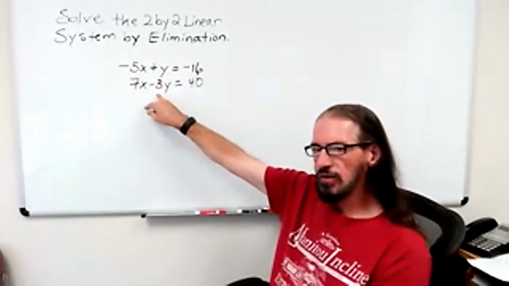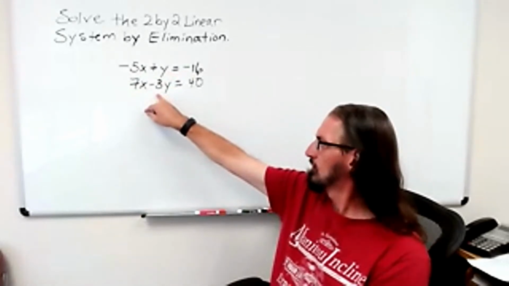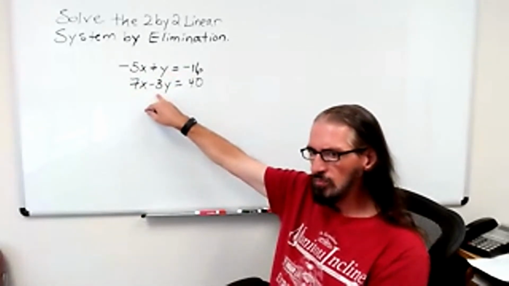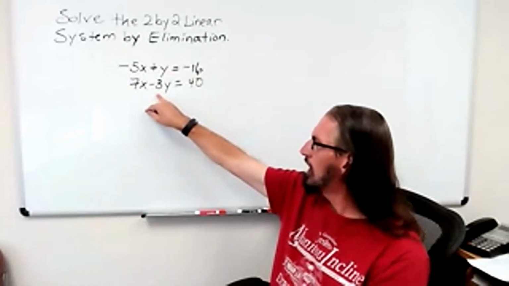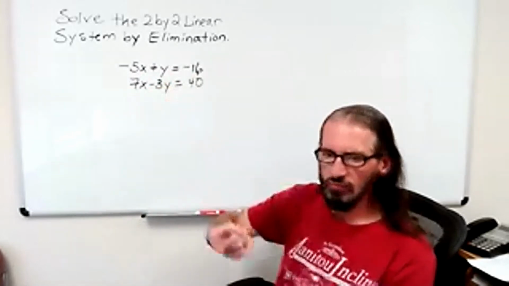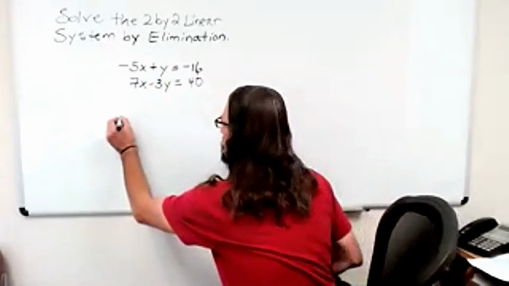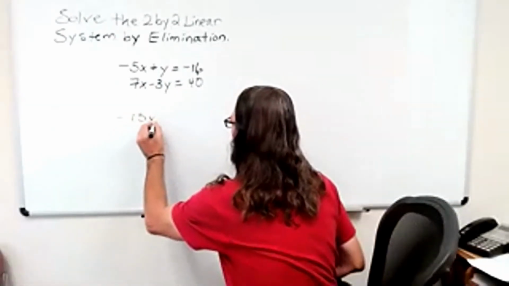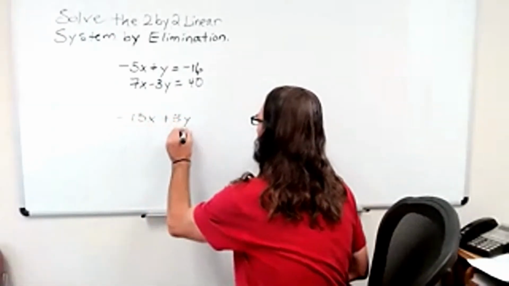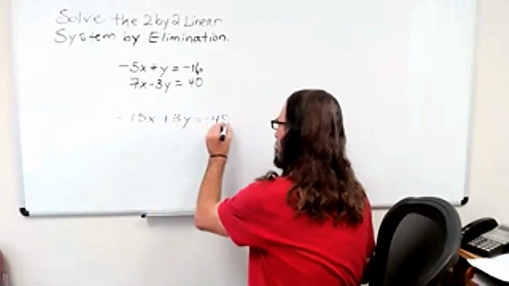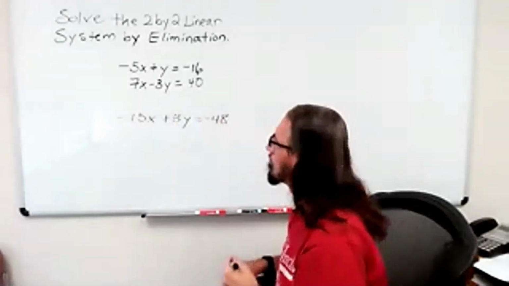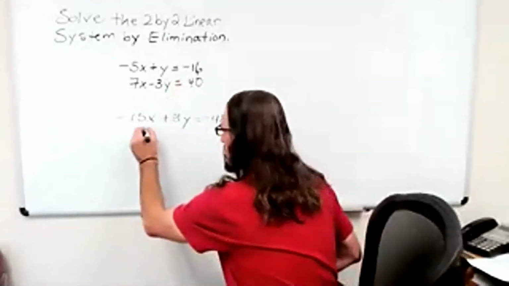I've already got a negative 3 in this second equation. So I'm going to multiply the first equation by positive 3, leaving the second equation alone.